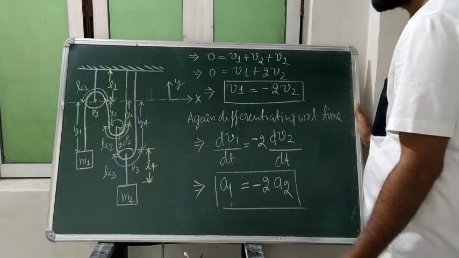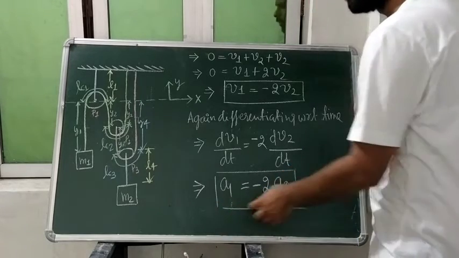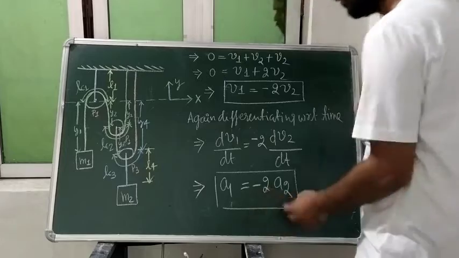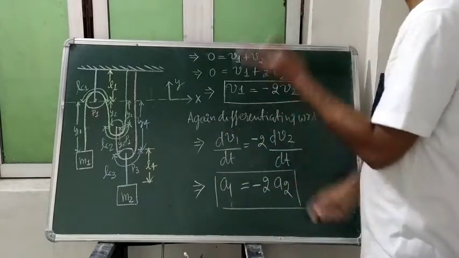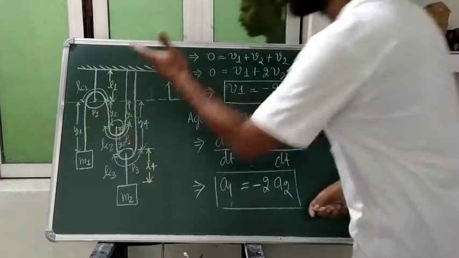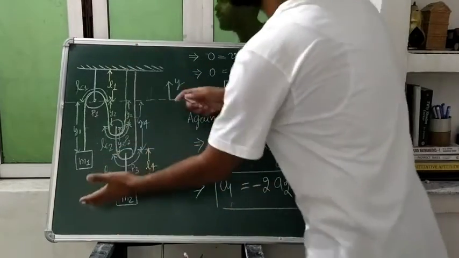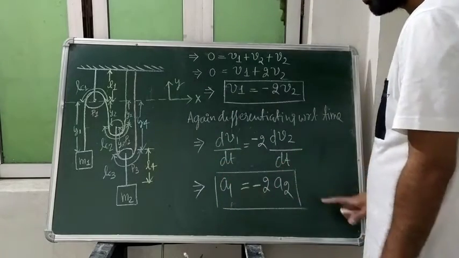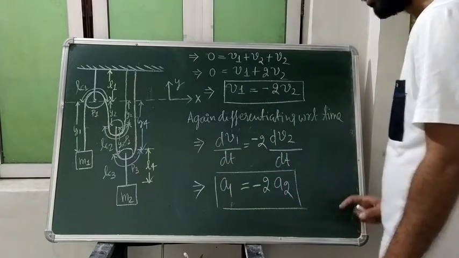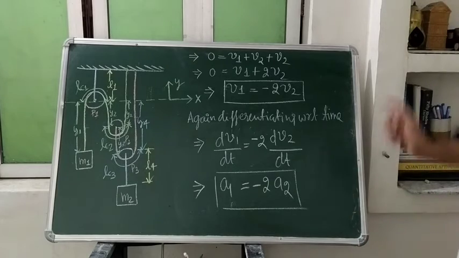So a2 will be a by 2, and that negative sign tells us the direction will be opposite. If it is going downward, it will move upward, or if it is going upward, it will move downward. So keep this in your mind.